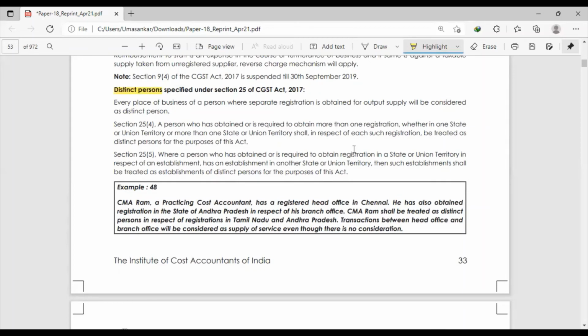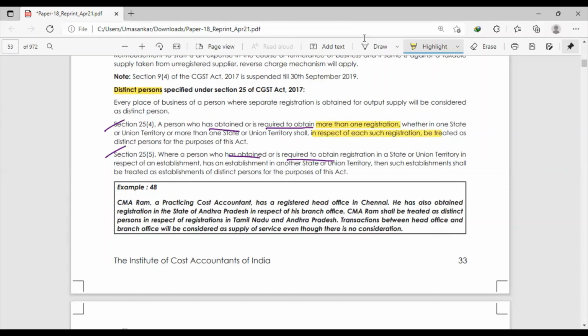So there are two provisions, section 25 subsection 4 and 25 subsection 5. Section 25(4) says a person who has obtained or is required to obtain more than one registration, whether in one state or union territory, or more than one state or union territory, in respect of such registration shall be treated as a distinct person.